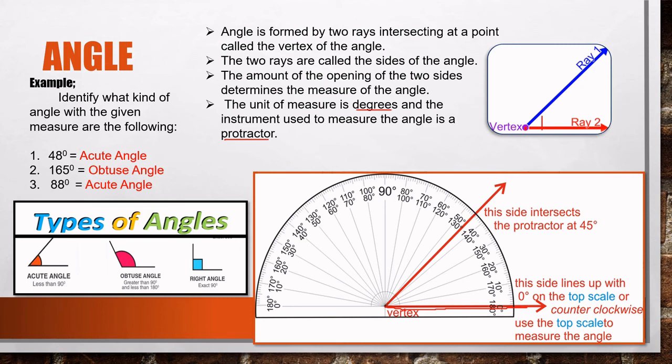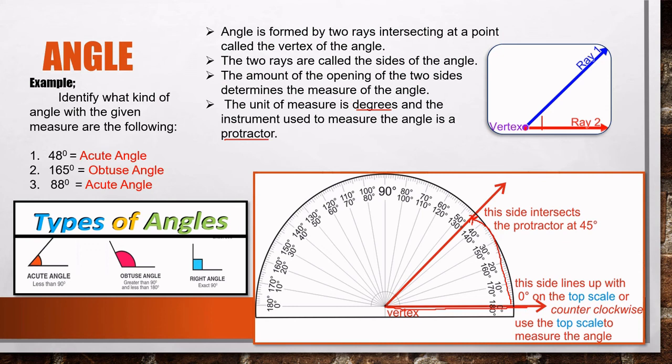Okay, and then from 0, you count or you measure until you reach the second side. So that is, the side intersects the protractor at 45 degrees. So siya ay nasa 45 degrees. So ang basa ninyo, from 0 going to the other side of an angle.